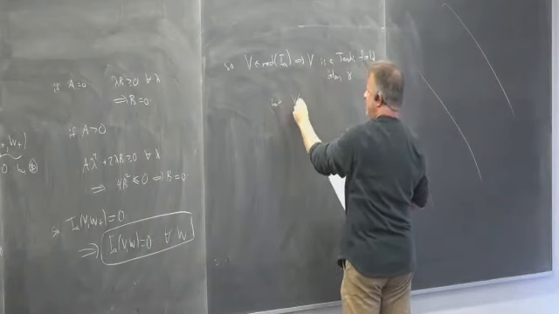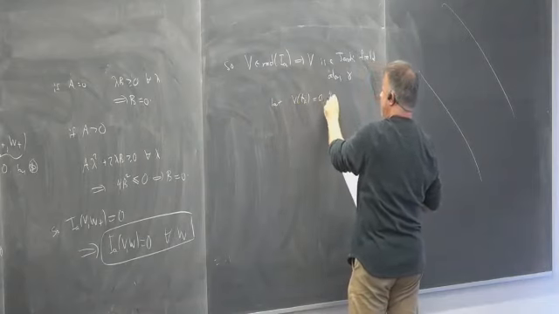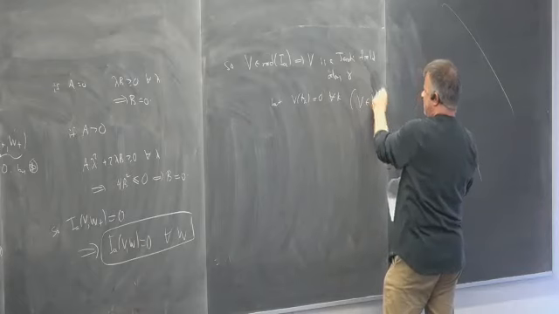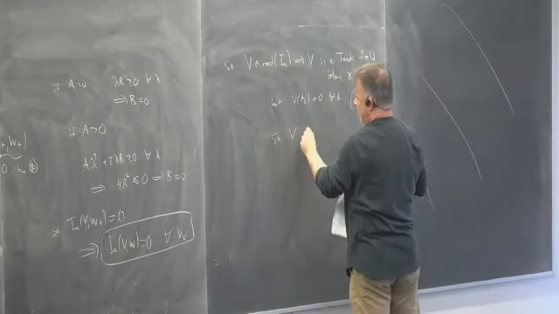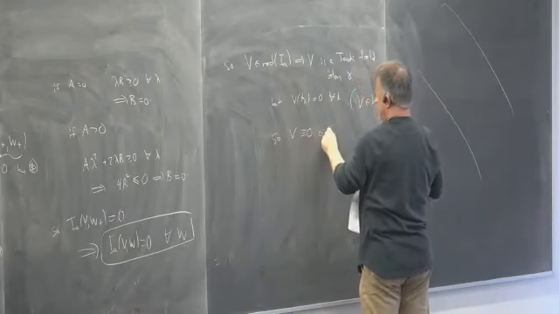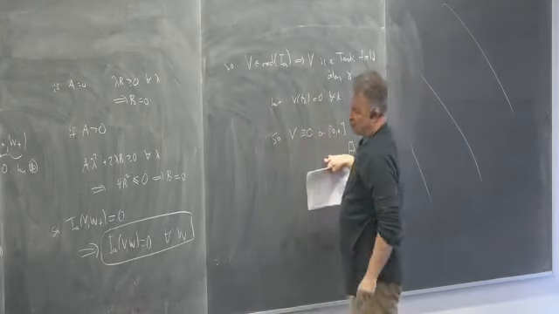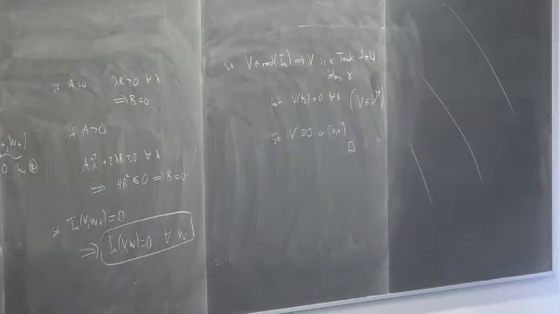But V of TK is 0 for all K. Remember, V was in V plus. So V is identically 0 on 0A, which is what we wanted to prove, right? We wanted to prove that if IA of VV was 0, then it had to be 0.